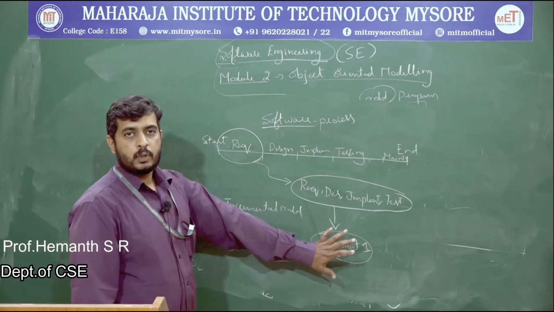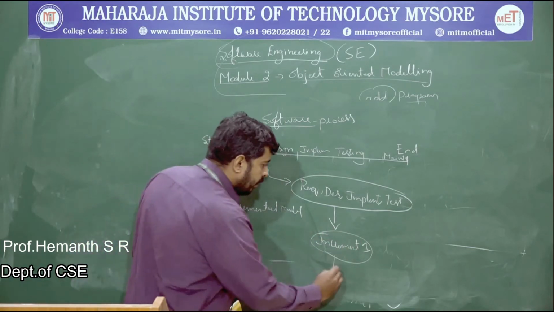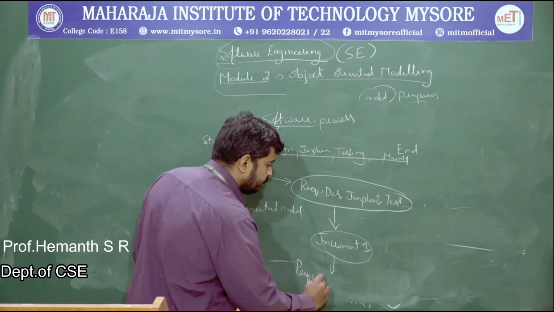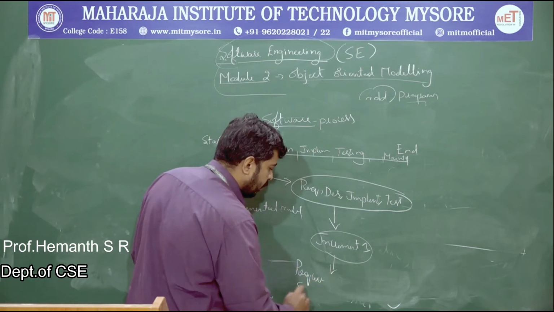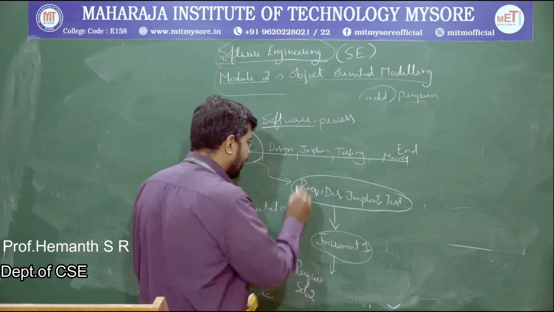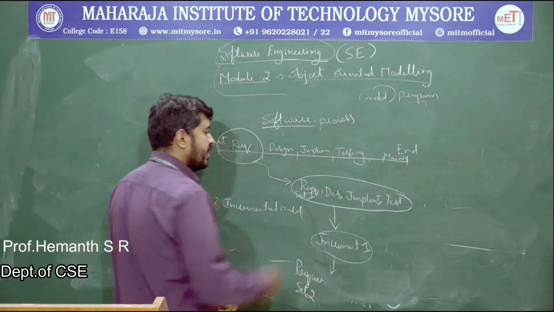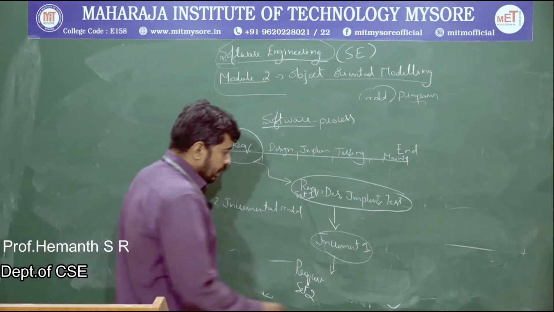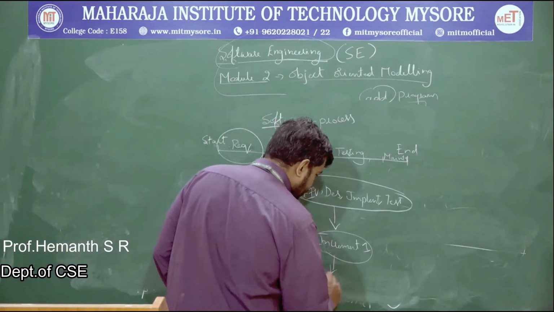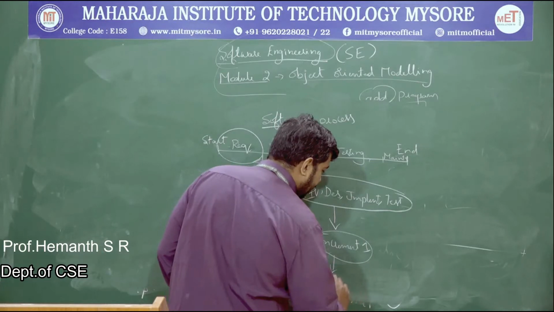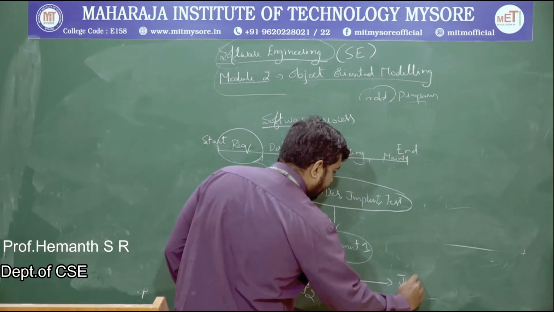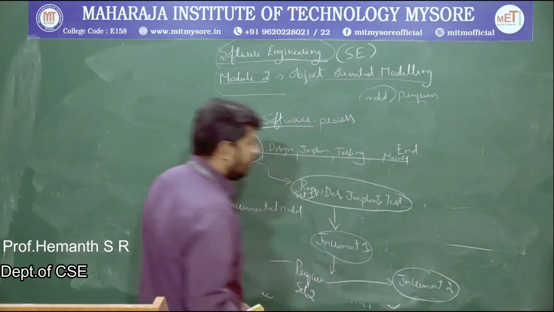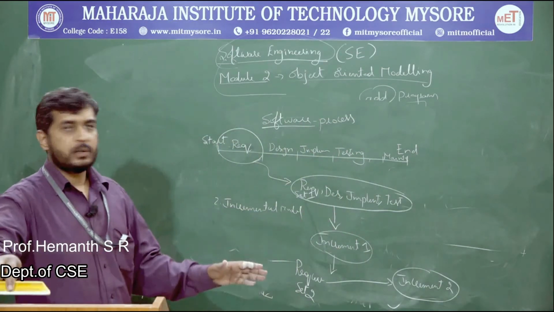By seeing this prototype, I will derive some more requirements for the system. Let this be requirement set 1, just for understanding, and I will call the new ones requirement set 2. Using these requirements, I will develop the next increment, increment 2, then increment 3, increment 4.